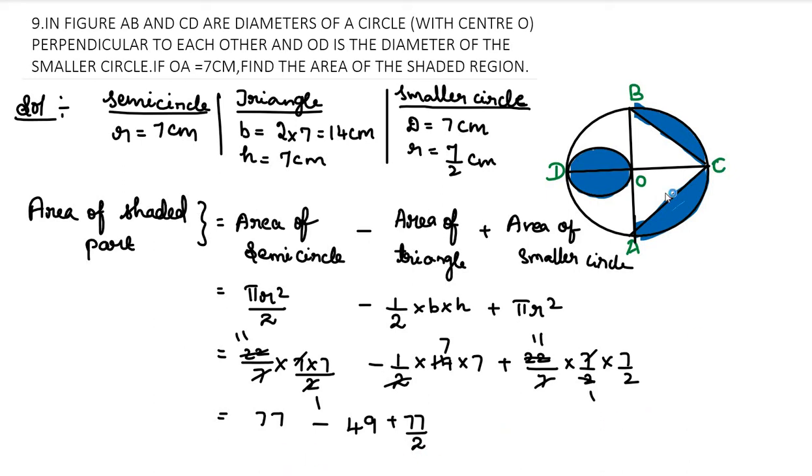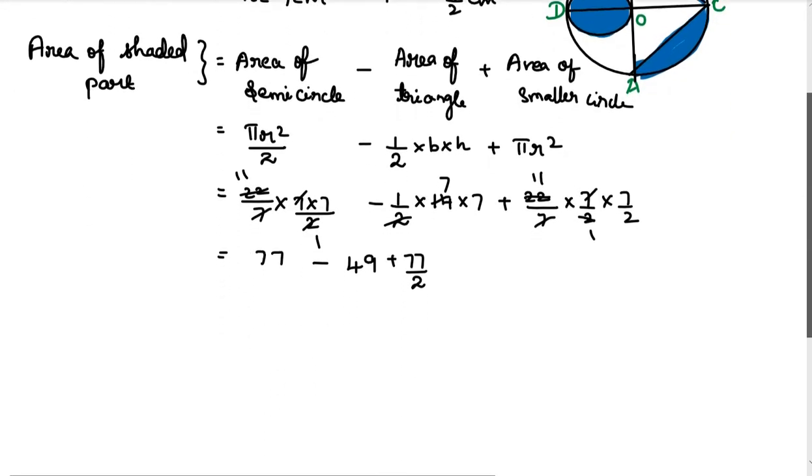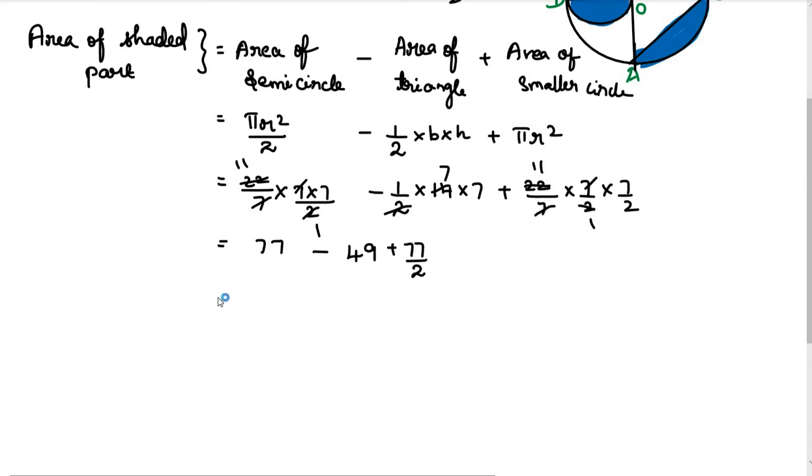What is 77 minus 49? We will be having 28 plus 77 by 2.